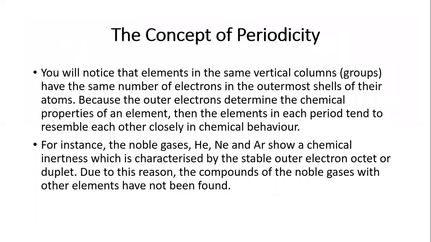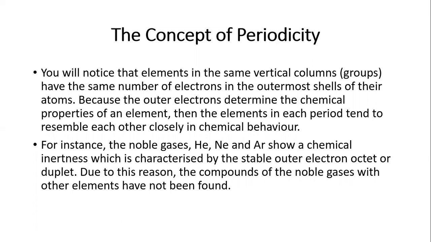Now, from there, you see that because the outer electrons determine the chemical properties of an element, the elements in each group tend to resemble each other closely in chemical behavior. Since the outermost shell is the one that determines the chemical properties of the element, it means that these elements tend to resemble each other closely in their chemical properties or behavior.